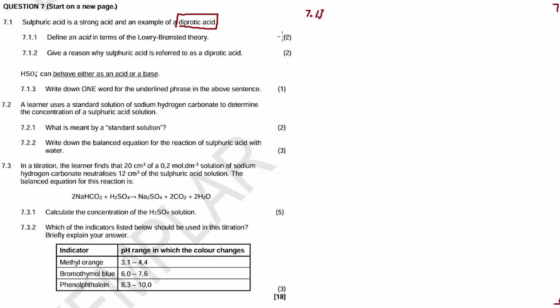Like this question, they are talking about the diprotic acid. What is a diprotic acid? By practicing that you will know it by heart instead of revising before your exam. You learn something today, tomorrow you forget it. So doing those easy questions, just do them.